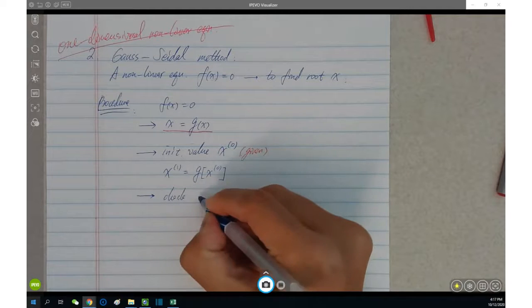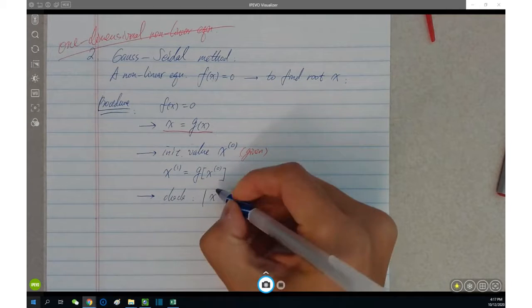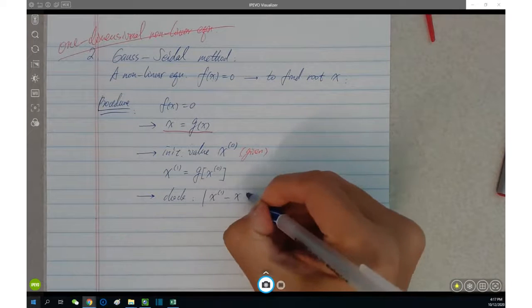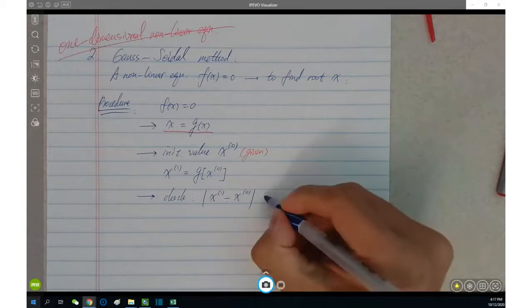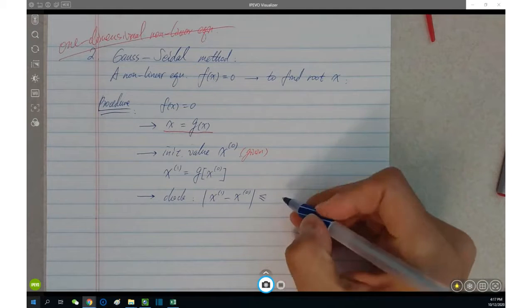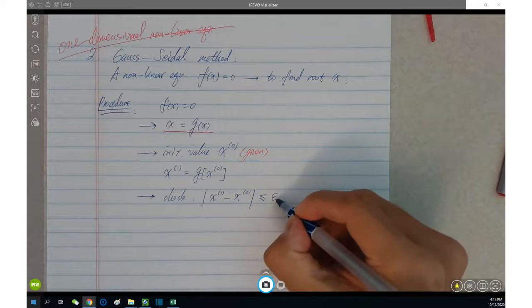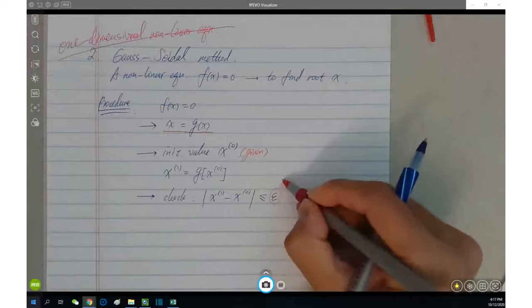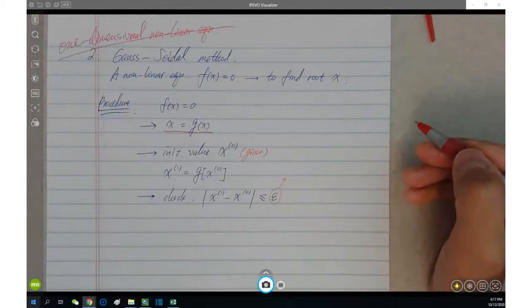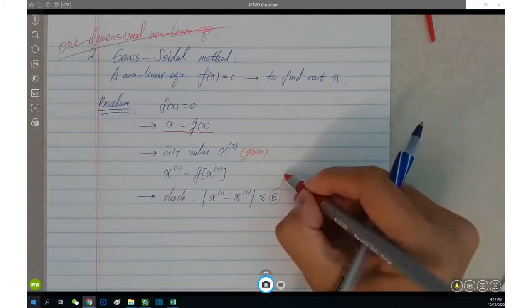Check what? Check the magnitude of the difference between two steps' x results, to see if it is greater or less than epsilon. And what is epsilon? Anyone remember what we call it? Accuracy.